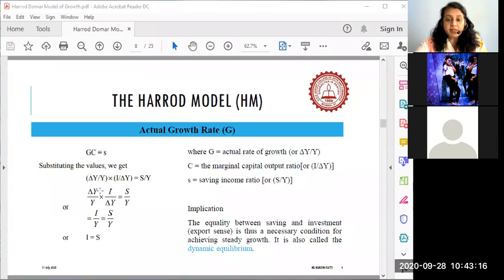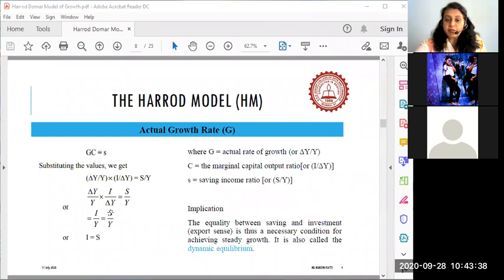Now, if instead of writing like this, I have written it like this, then I get delta y upon y multiplied by I, investment, upon delta y, is equal to S upon y. Then definitely y and y will get cancelled, delta y cancels off, and you're left with I upon y is equal to S upon y.